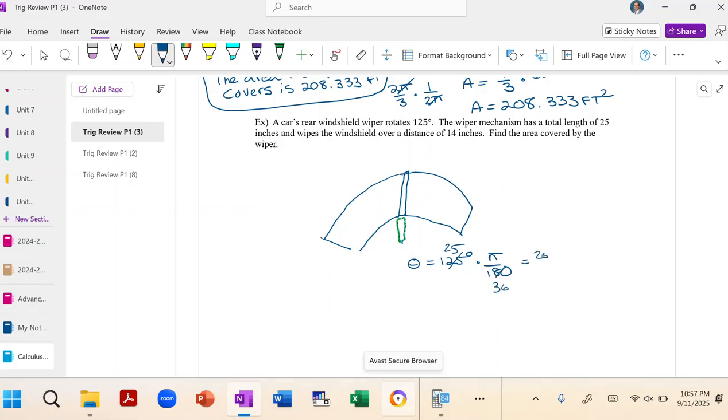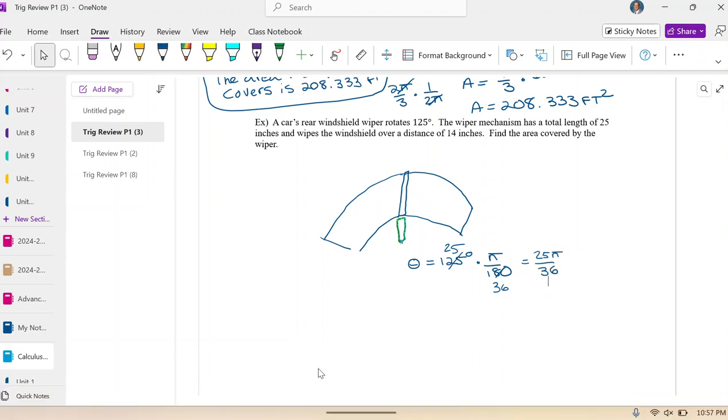So it's 25 pi over 36. That's your angle in radians.